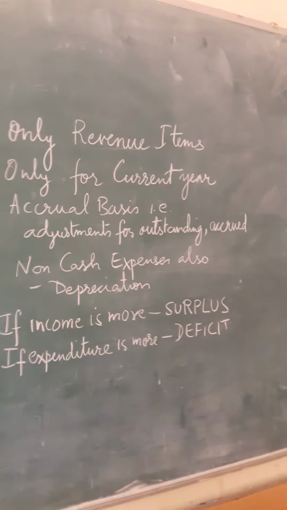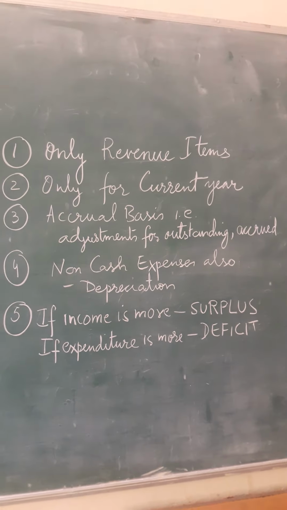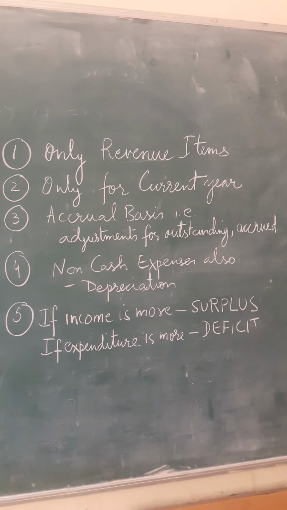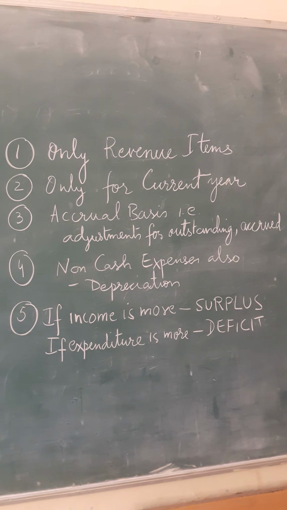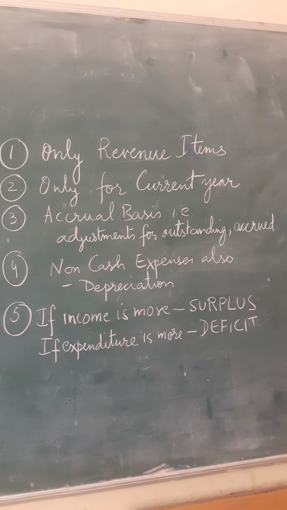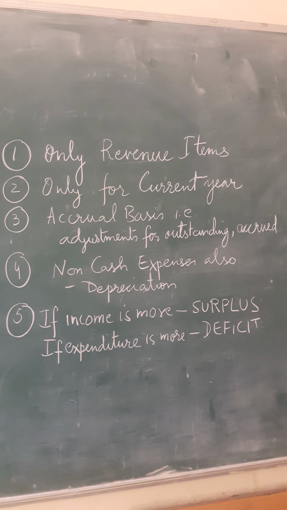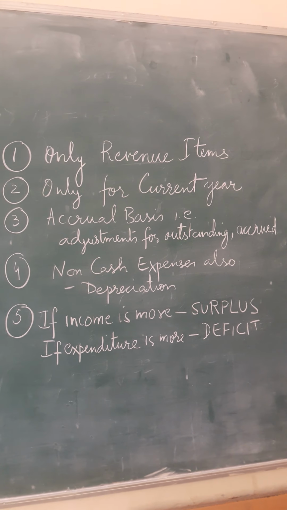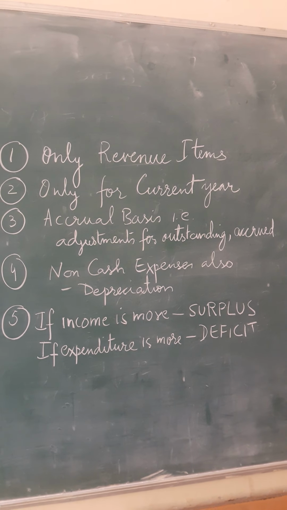So only revenue items are shown here, only items for current year, neither previous year nor next year items will be shown here. Now this account follows accrual basis, that is adjustment for outstanding, accrued and other things will be done. If it pertains to this year, we will show it here.